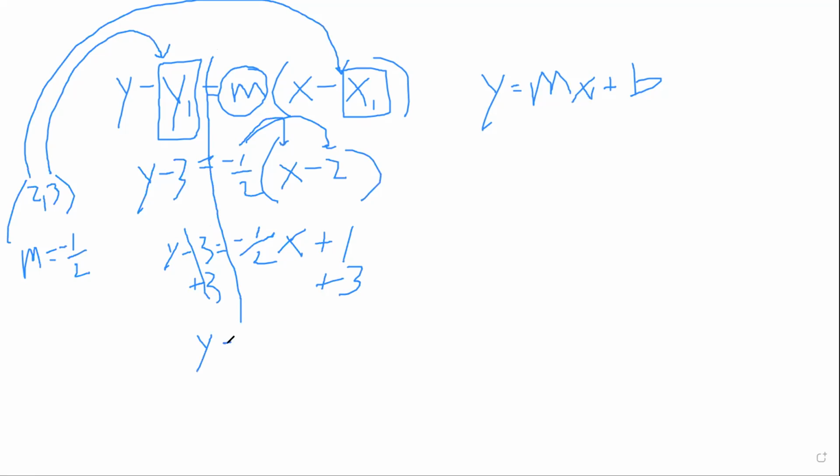So now I've canceled that -3, and I have a slope intercept equation that I'm more comfortable graphing. -1/2 x plus 4. The hardest part about point slope is getting the substitutions done correctly.